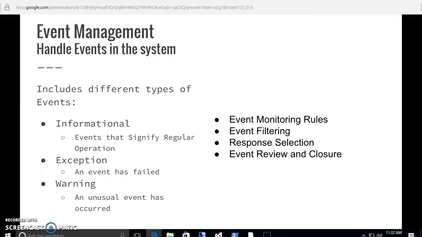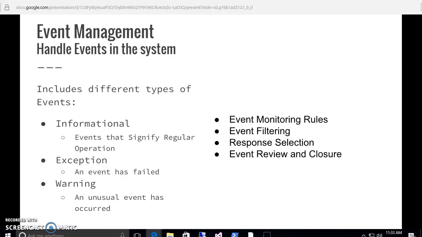These events occur all the time in the system, and the system needs to know which processes need to be accounted for to prevent fraudulent behavior. This is done through the event monitoring rules, which create meaningful monitoring tools to filter different types of events.